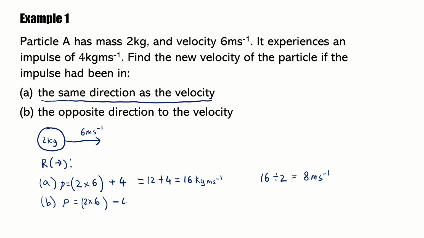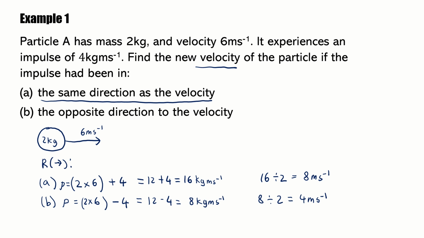So we've got to take away that value of 4 to highlight that different direction it's going in. If you calculate that, that of course will just be 8. But that is, again, not the velocity, which is what we've actually been asked for. So we've got to do the new momentum divided by the mass to work out the new velocity. So the answer to B is 4 meters per second.